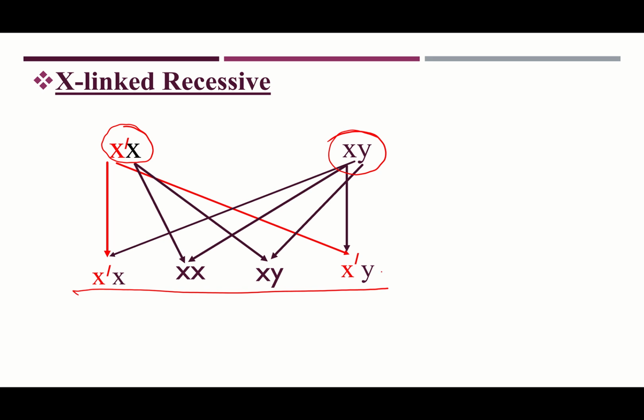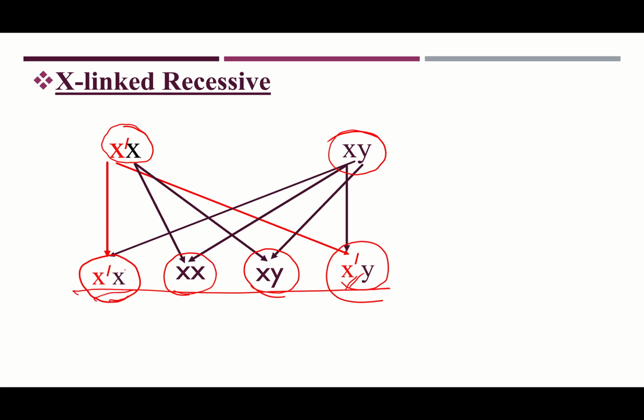This is the result. The first one here, as you can see, is the girl who is a carrier. Second girl, healthy. The first boy here, healthy. The second boy here is affected. How? Although there is a single gene mutation, we know that in recessive conditions you need to have double mutated genes to be affected. But since it's an X-linked disease, the X gene needs to be affected.